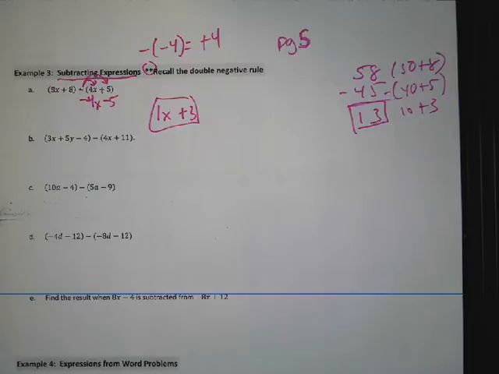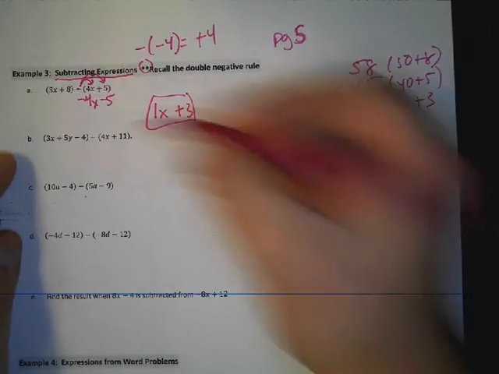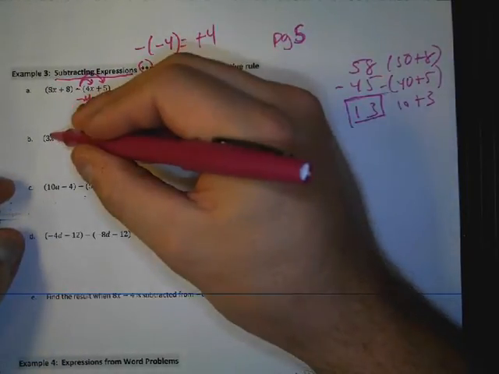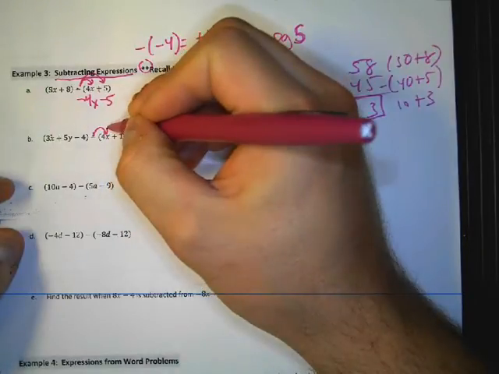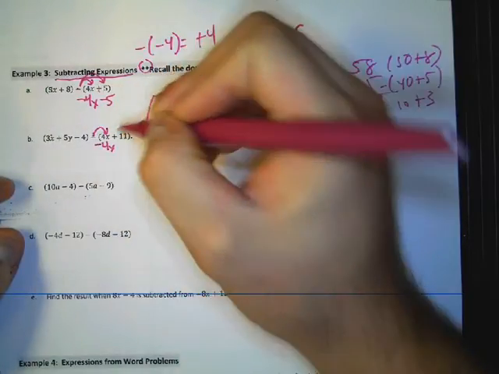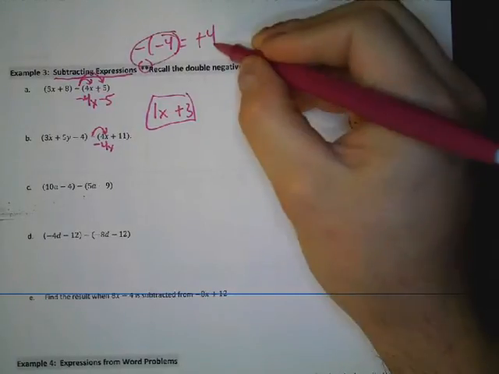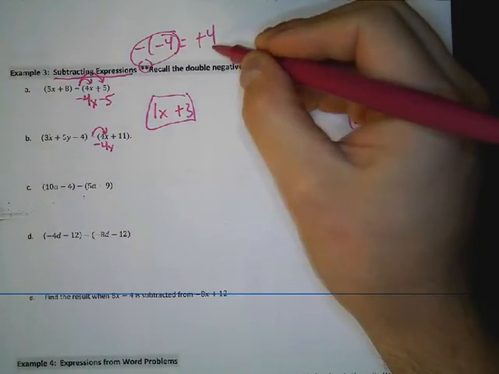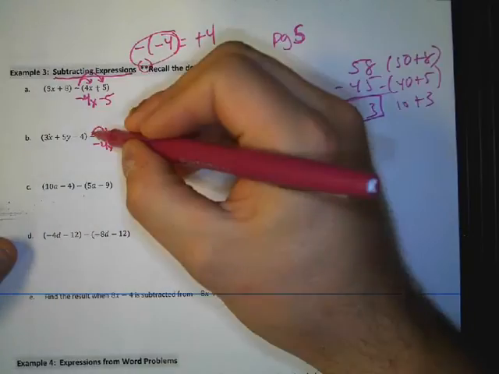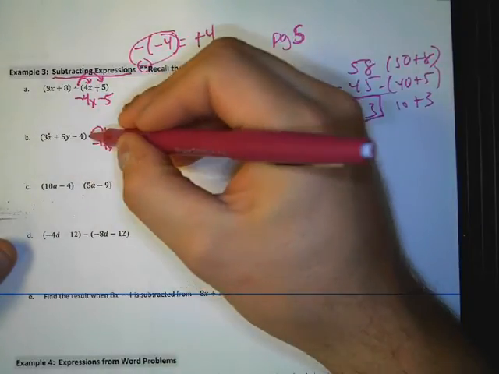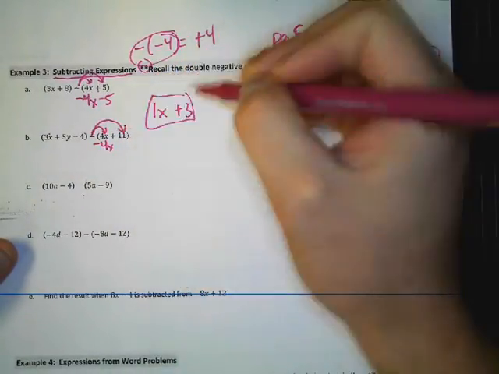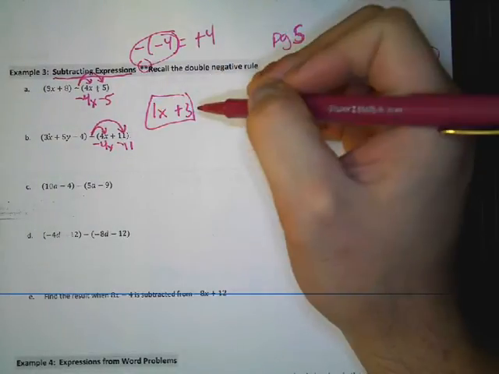All right, so in B, I'm going to take 3x minus 4x. Sometimes what I like to do is rewrite this, like what I told you up above, to make sure that you rewrote this, because if you don't rewrite it, you're going to get it wrong 9 times out of 10. So same thing here. It's 3, and now I'm going to subtract 11, so it becomes a minus 11. So I have 3x minus 4x.